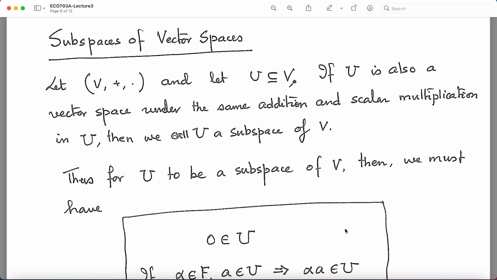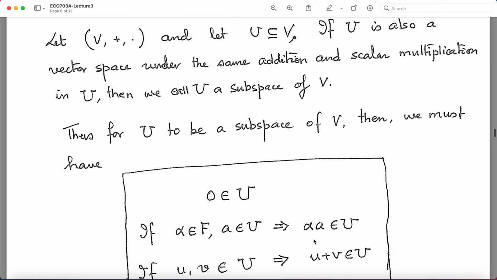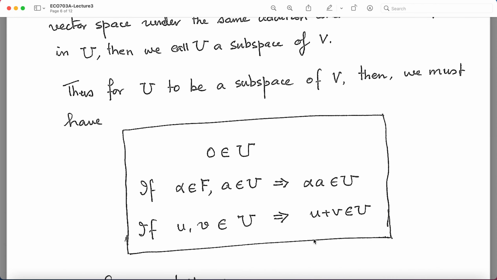So, if you have a subset, say U, of a vector space V, then you want to see when this subset can become a subspace. What makes a set a vector space? It must have a vector addition operation and a scalar multiplication operation.